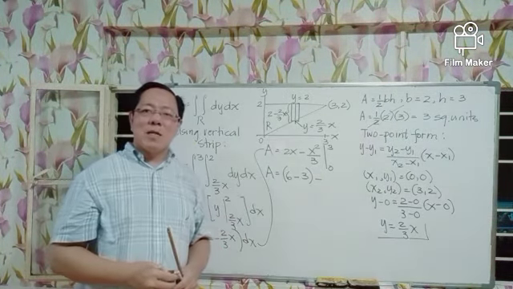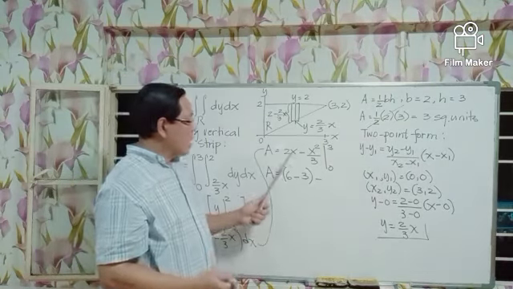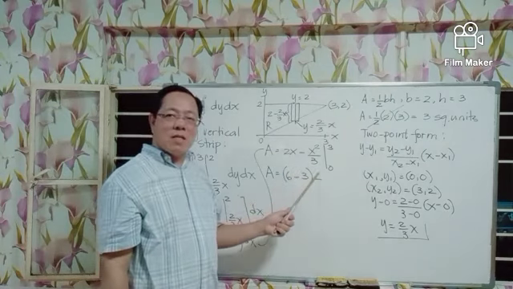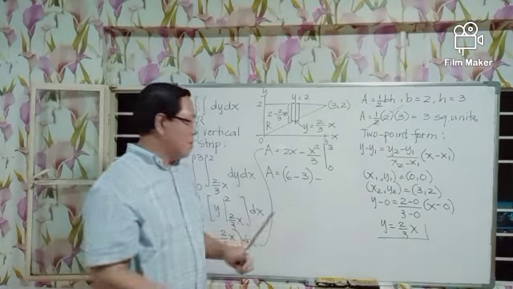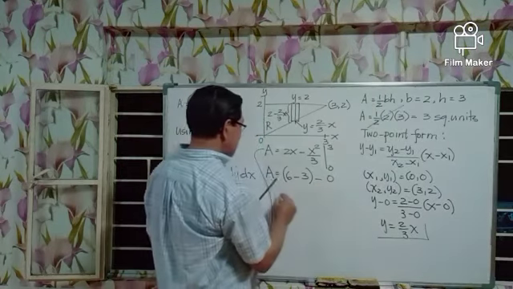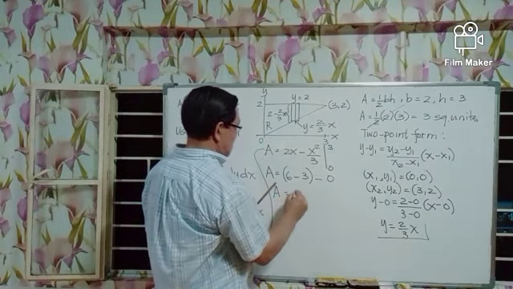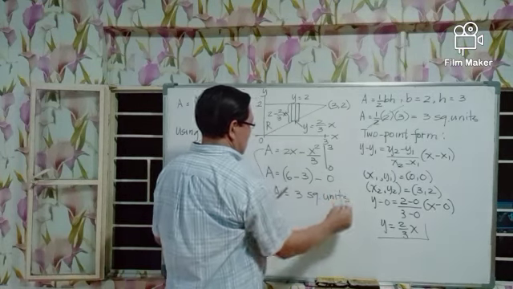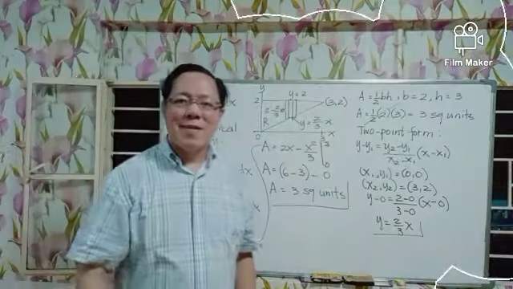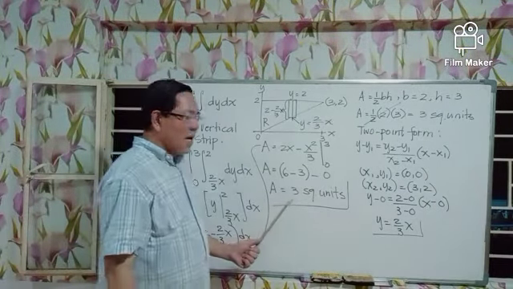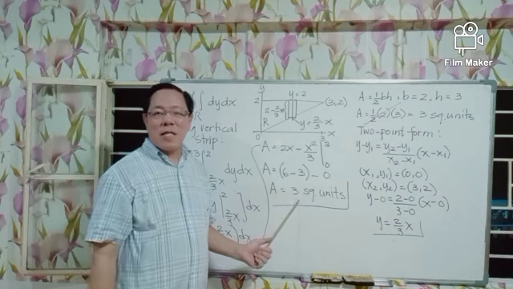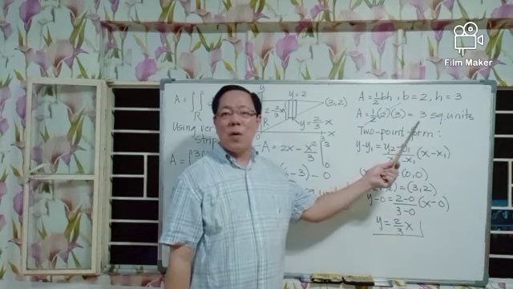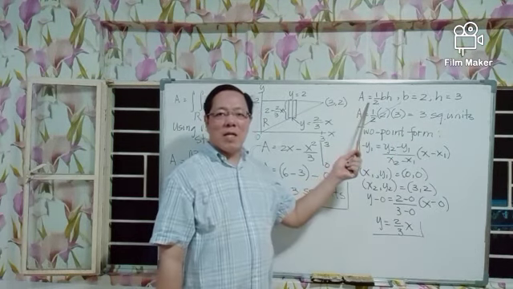Minus, when x is 0, you get 2 multiplied by 0 is 0, minus 0 squared over 3 is 0. 0 minus 0 is 0. And you can see that the area we get using double integration is 3 square units, which is the same as the result we get using the formula for finding the area of a right triangle.